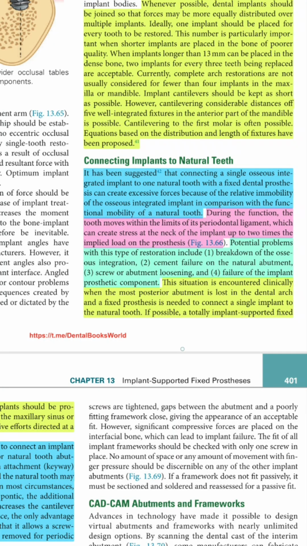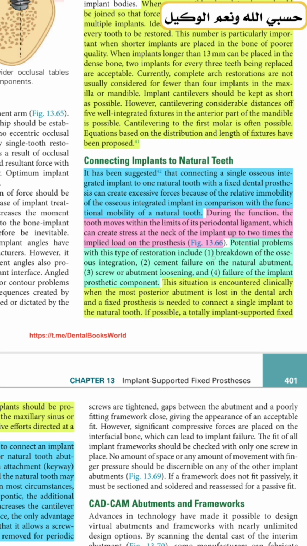As for the connection between an implant and a natural tooth, it can create excessive forces because of the relative immobility of the osseointegrated implant in comparison with the functional mobility of a natural tooth.